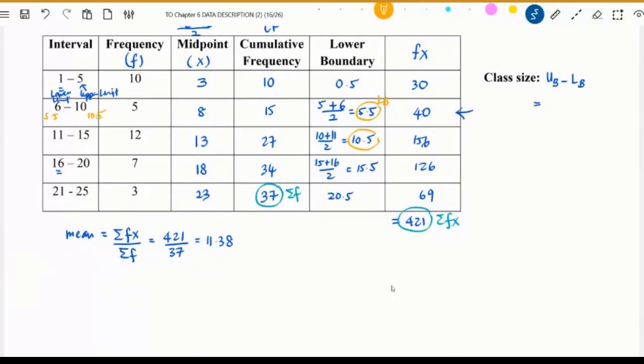So we're going to have 10.5 minus 5.5, which is 5. So class width is needed in finding median and mode.